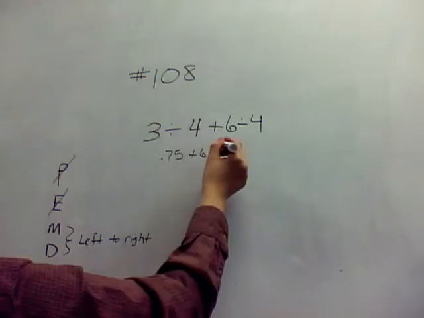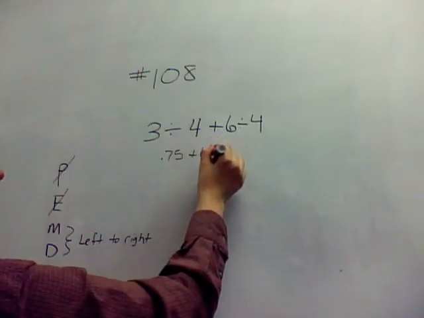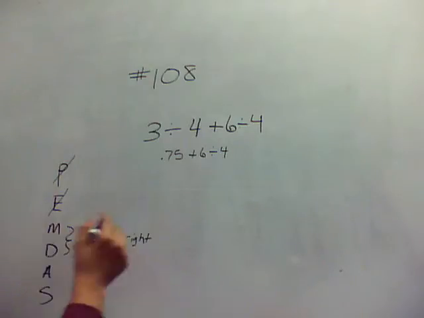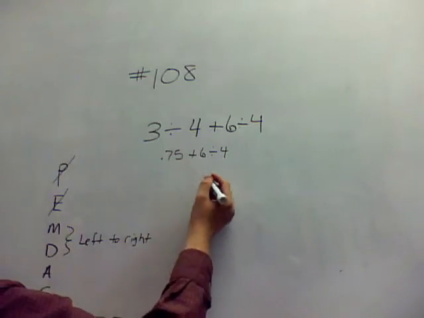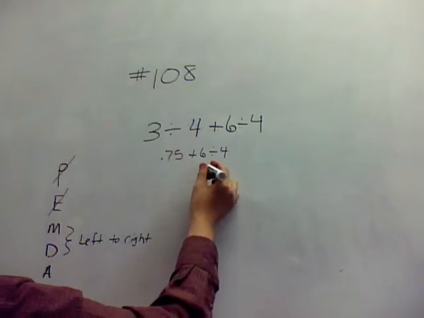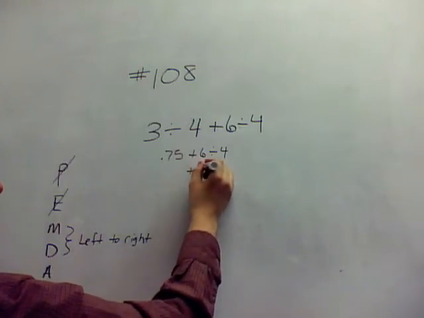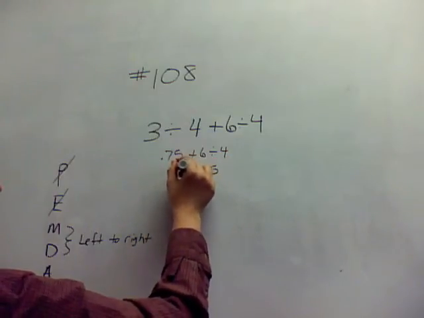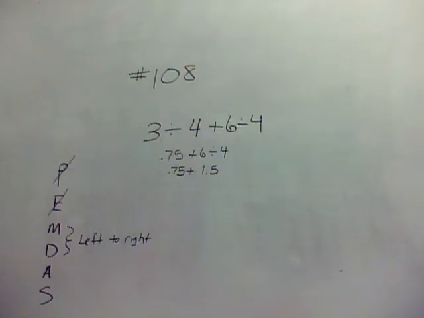Plus 6. I'm just going to bring everything down. And we're still working with the multiplication division sign in here, 6 divided by 4. 6 divided by 4 is 3 halves, which is equivalent to 1.5. I'm going to bring everything down. We have 0.75 plus 1.5.